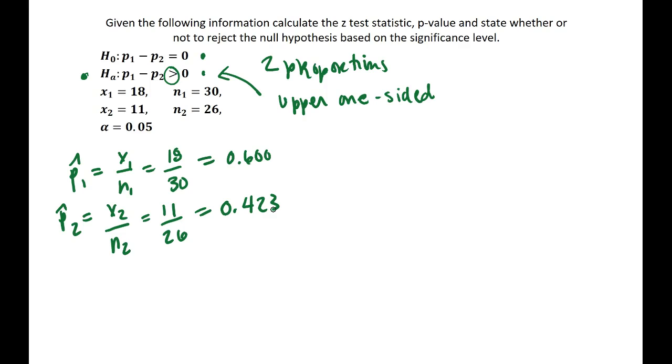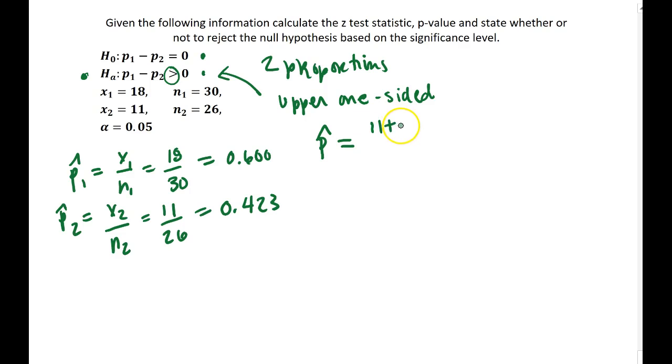All right, and so the last thing we should do is calculate the pooled proportion, p hat. This is basically what we would assume if the null hypothesis is true. So when P1 is equal to P2, we assume that p hat would be the proportion in both populations.